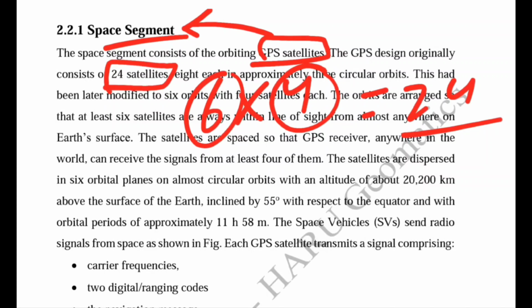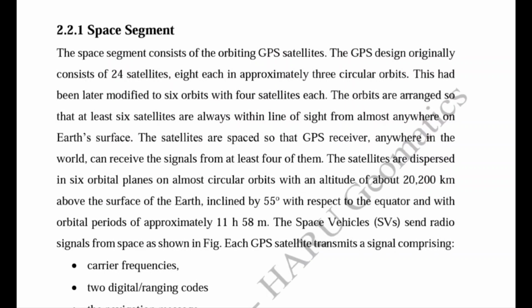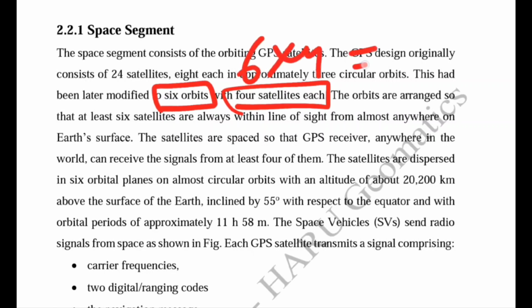But in the starting it was 8 into 3, meaning 3 circular orbits and 8 satellites in one orbit. But after modification there are 6 orbits and 4 satellites in each orbit, so 6 into 4 is equal to 24.